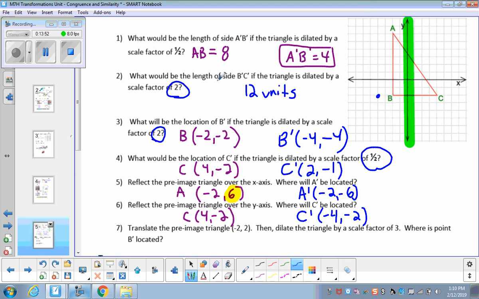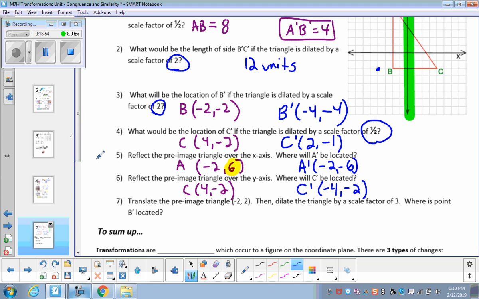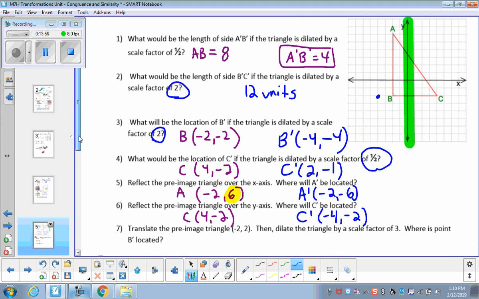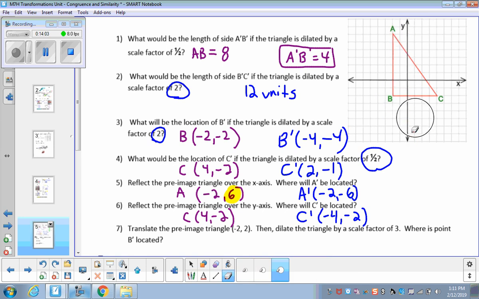And now let's take a look at number 7 here. For number 7, we're actually going to complete 2 transformations in 1. First, we're going to translate the pre-image triangle back to up 2. So this entire triangle is going to get translated back to up 2.